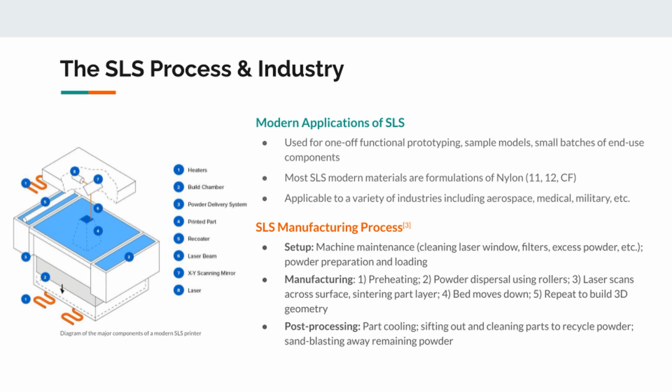Most of the SLS materials that are used come from a variation of nylons, such as nylon 11 and nylon 12, and they can also have carbon fiber infused in them. They can also be used with a couple other polymers like TPU.